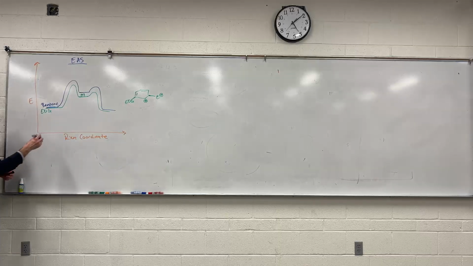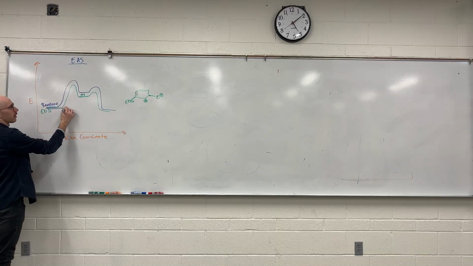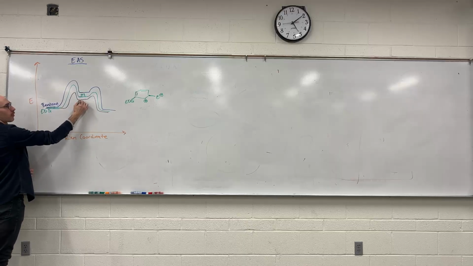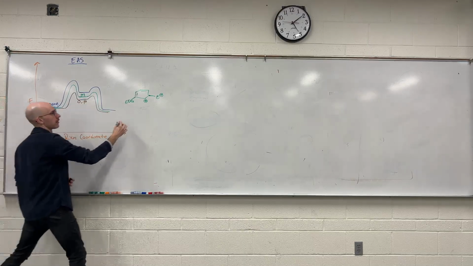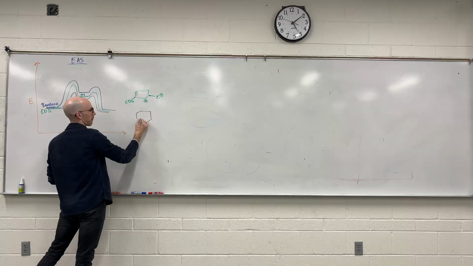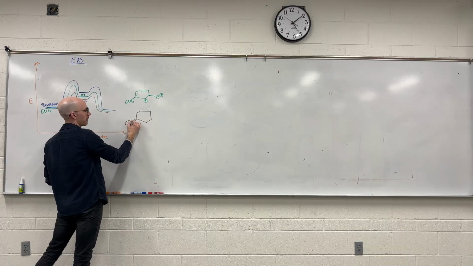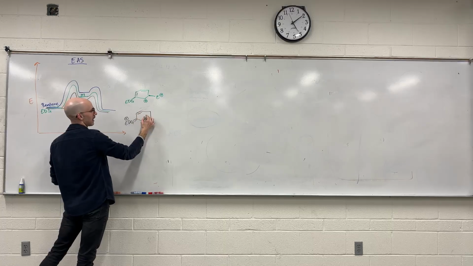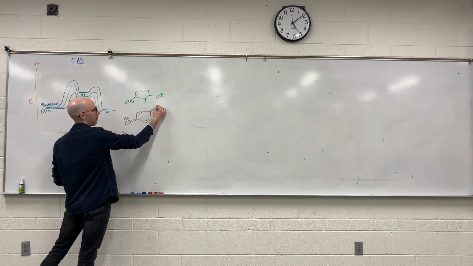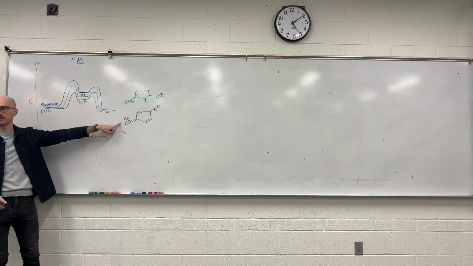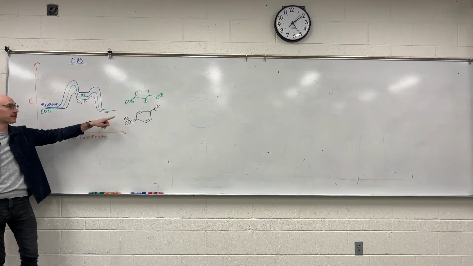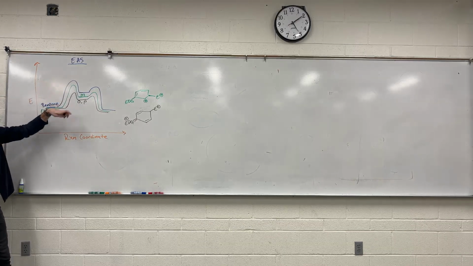If my electron donating group can be placed ortho or para, and here's what I'm going to draw, I'm going to show that the electron donating group can actually come in and take part in that stabilization. It can engage in the resonance, and it can provide extra stability. So that drops the energy even more.